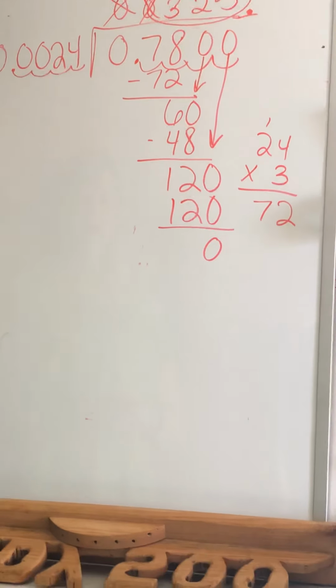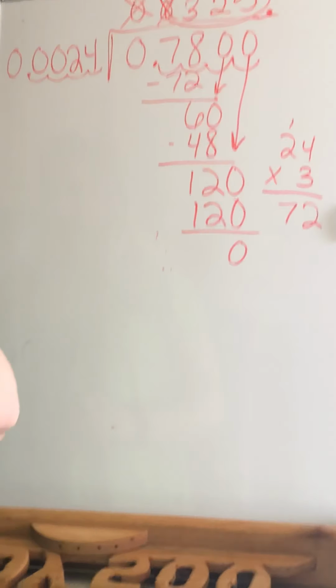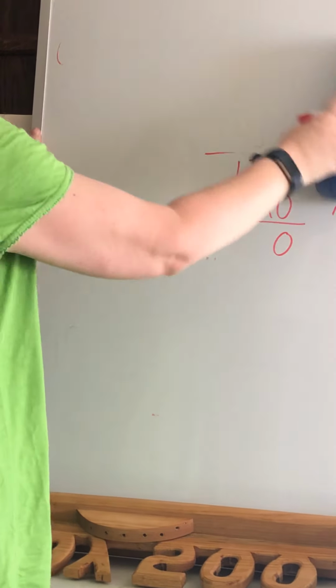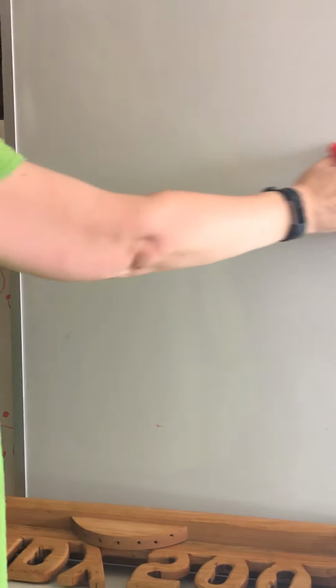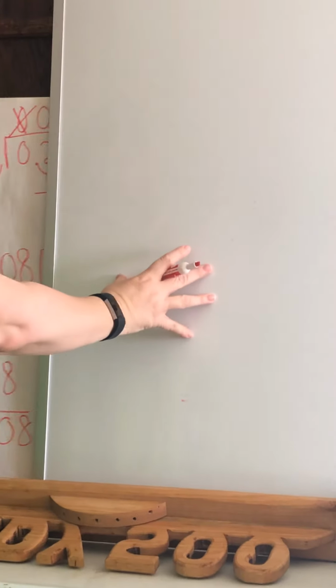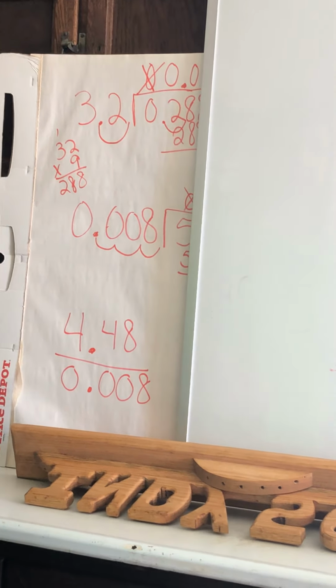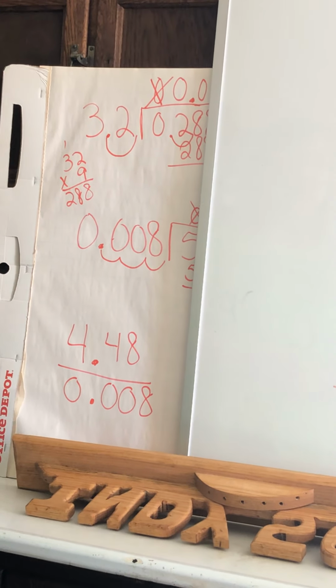All right, let's take this problem that I wrote down here. And the problem says 4.48 divided by 0.008. So which one is going to go into that division box?